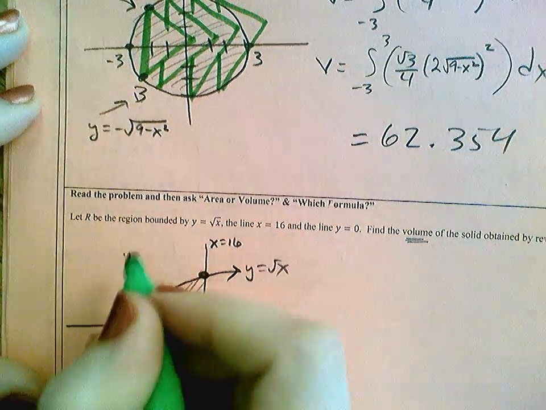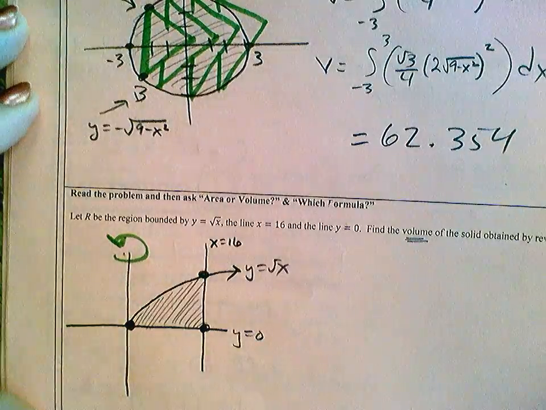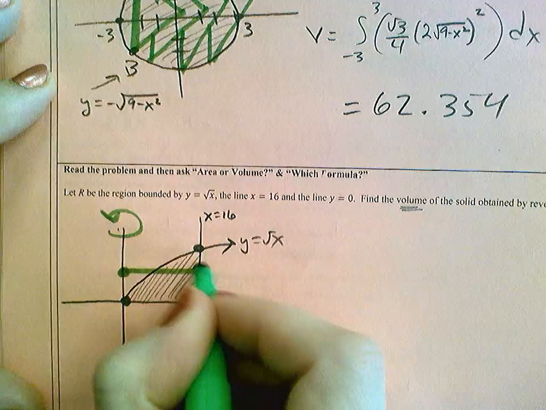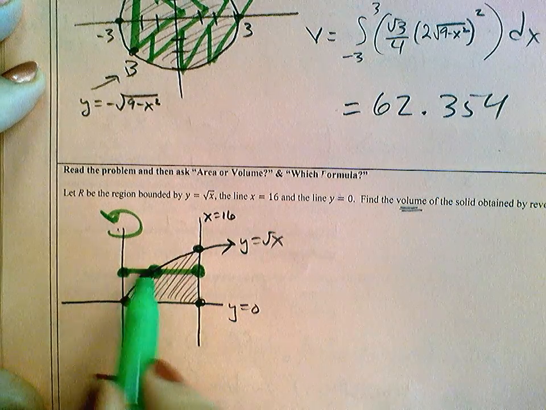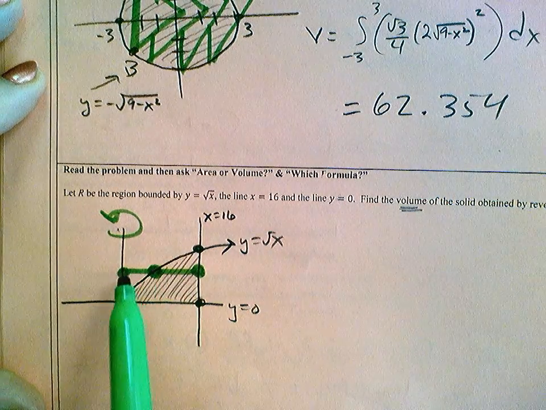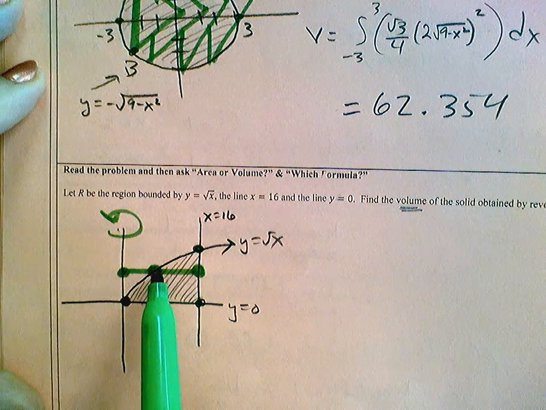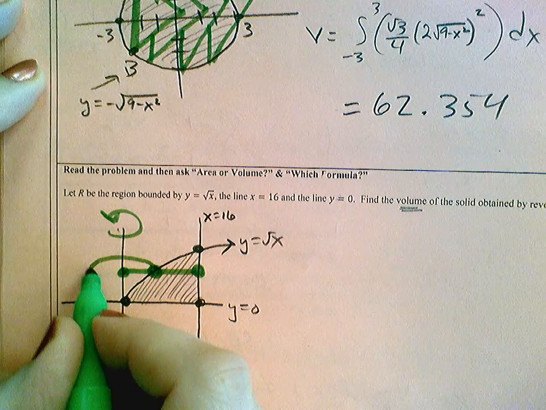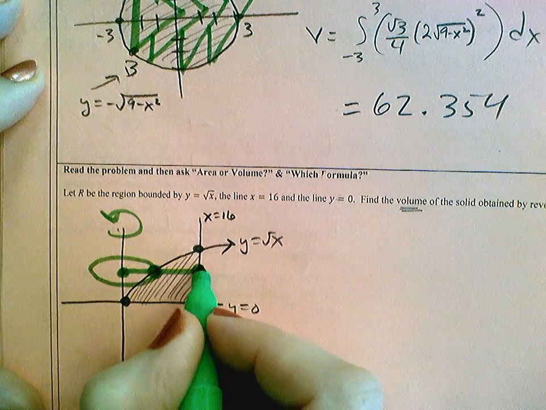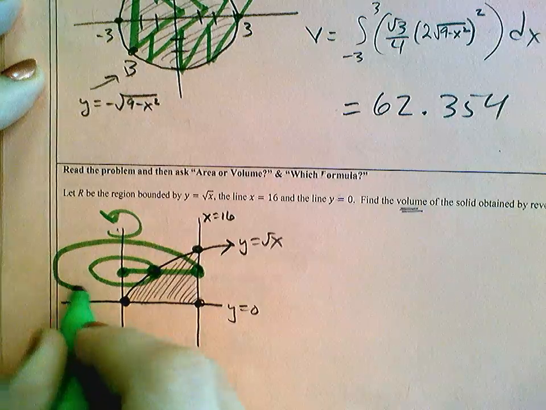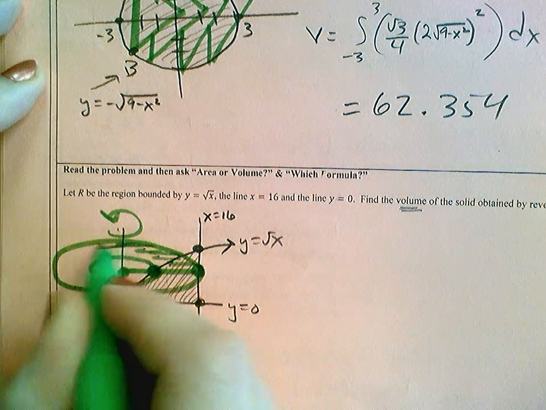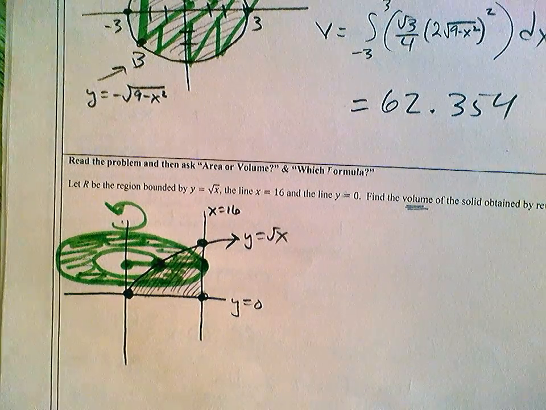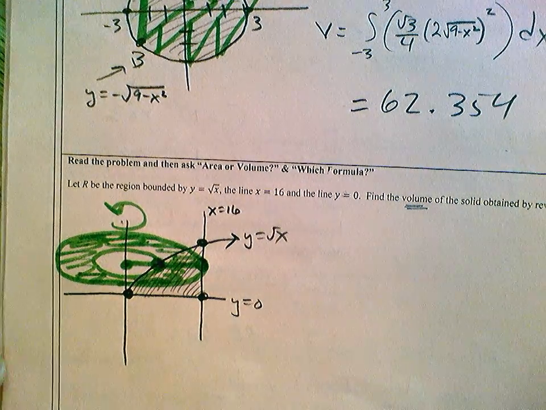So we're revolving around the y-axis, and we draw one cross-section. Since there's empty space between the center of the rotation and where the region starts, it's going to be a washer, because you'll have that empty space, and then the region itself rotating fills in the rest.